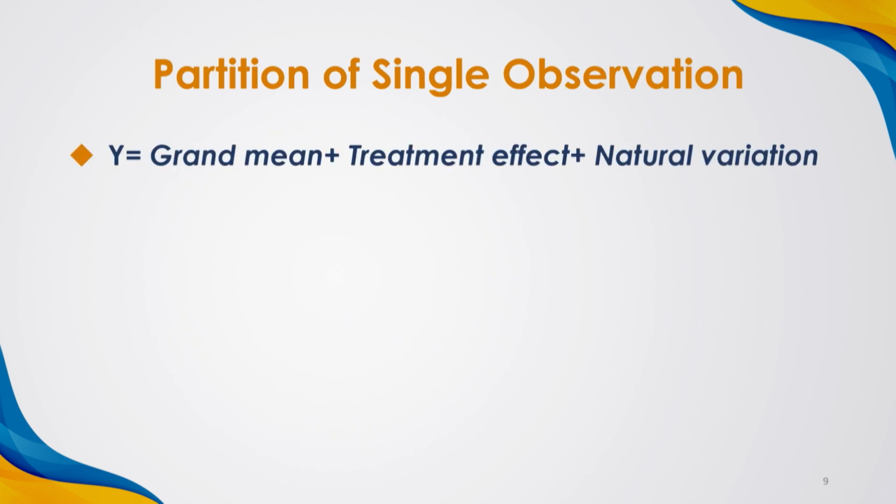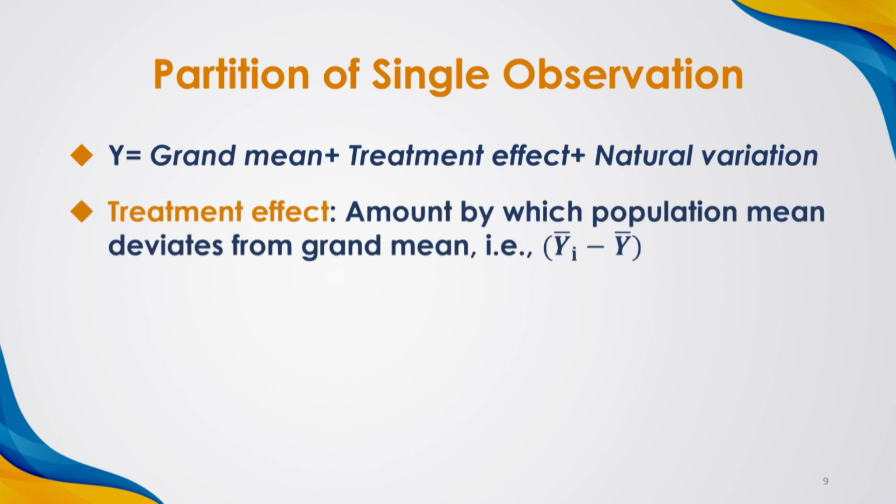Now, let us understand how the partition of a single observation works. If you measure a single observation from a sample, it is composed of the grand mean, treatment effect and natural variation.